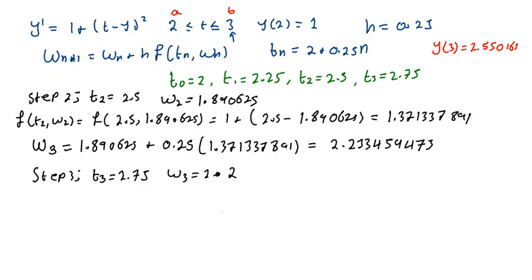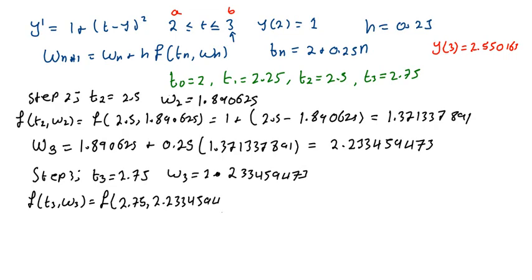So f of t3 comma w3 is f of 2.75 comma 2.233459473, which is equal to 1 plus 2.75 minus 2.233459473 squared.